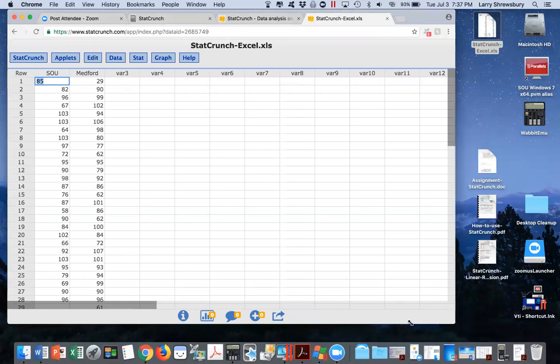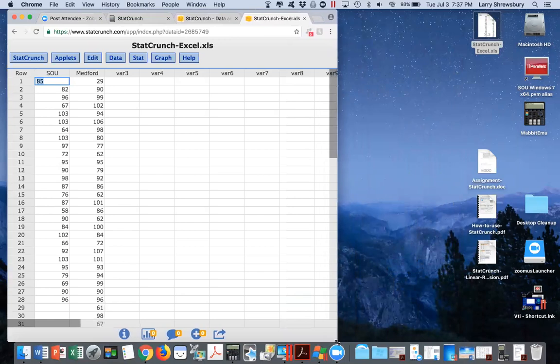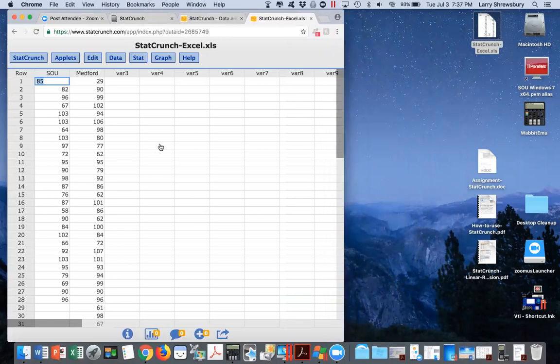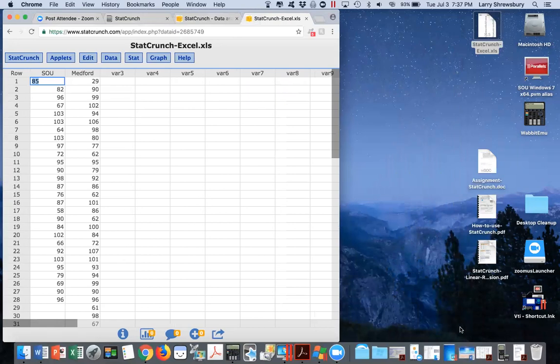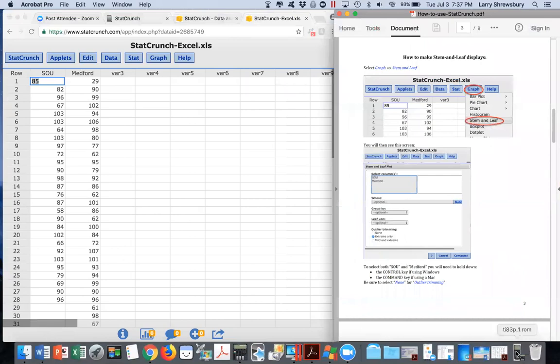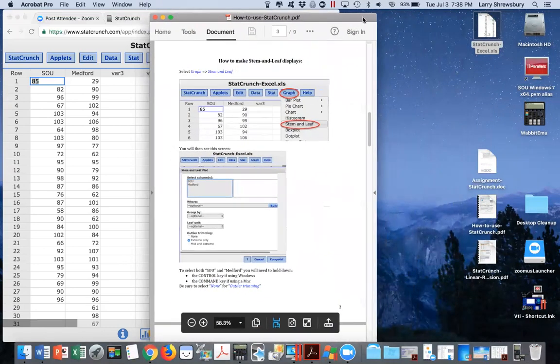Now, so let's do this. I'm going to set up my StatCrunch over here on the left-hand side. I'll get my instructions over here on the right-hand side. Now, there's that Word document. Okay. And I've got that over here.